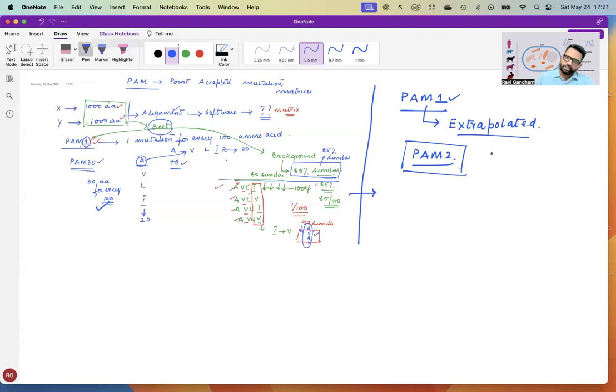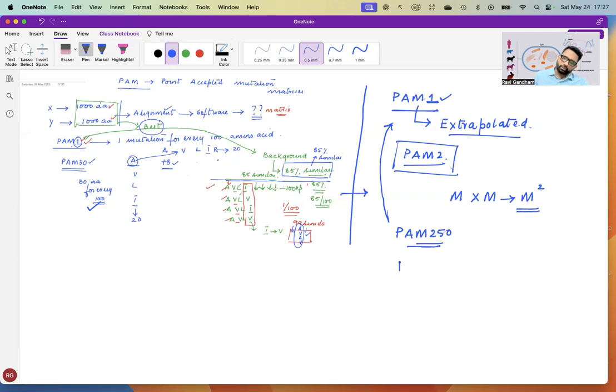And how is PAM2 extrapolated? You have the matrix for PAM1, and the matrix for PAM2 is just multiplied, M squared. And similarly, even for PAM 250 and for PAM 100, everything is extrapolated from PAM 1. If you are asked to calculate for PAM 2, I have already explained, you multiply PAM 1 twice. If you're asked to do it for PAM 30, this PAM 1 matrix is multiplied 30 times.